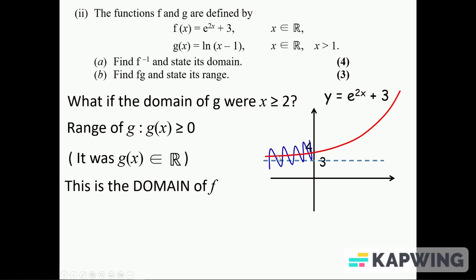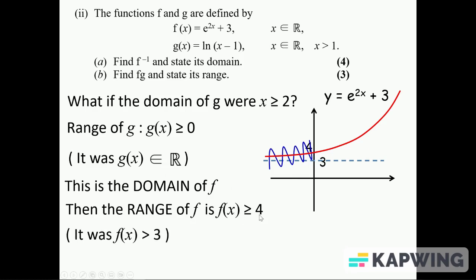Now, because I'm getting rid of all the negative values, because the range of g is the domain of f, I get rid of all those values. It starts at 4. So that's going to be the range of it, greater than or equal to 4. Like I say, it was greater than 3 because I had all these other values in as well.